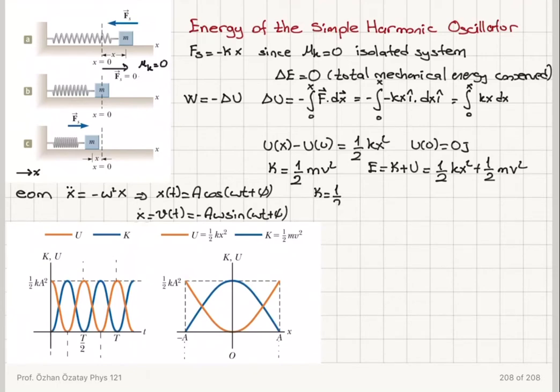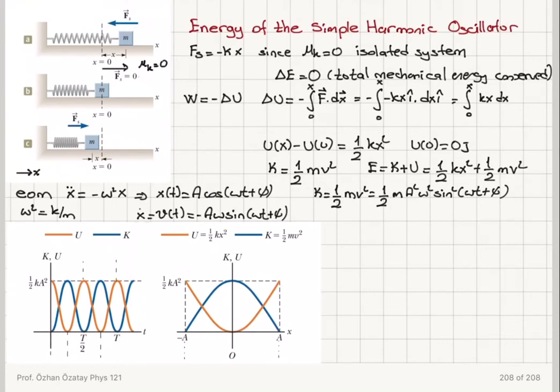It's the derivative, so this is equal to x dot, remember. So if I write the kinetic energy of this oscillator, kinetic energy is equal to 1 over 2 mv squared, which is 1 over 2 m a squared omega squared sine squared of omega t plus phi.